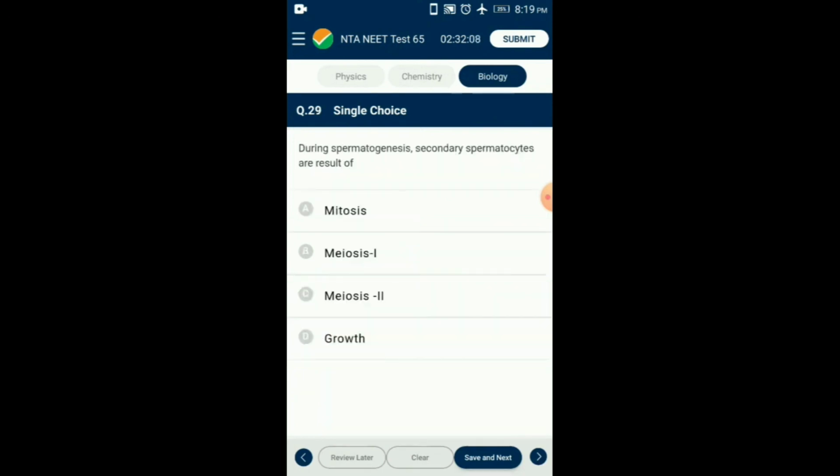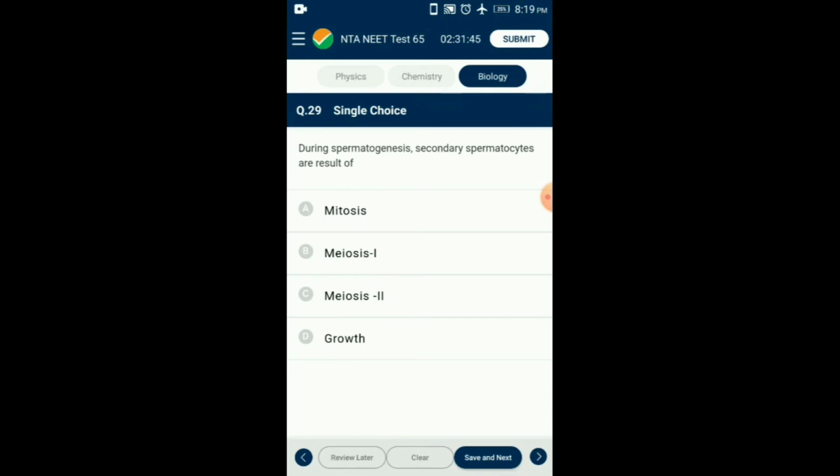Question number 29. During spermatogenesis, secondary spermatocytes are the result of... having completed the first meiotic division. These cells give rise to daughter cells called secondary spermatocytes, which divide to complete meiosis to form round spermatids.